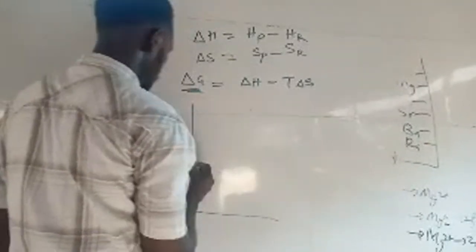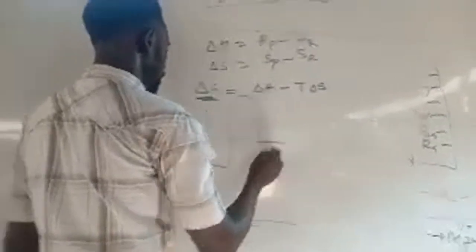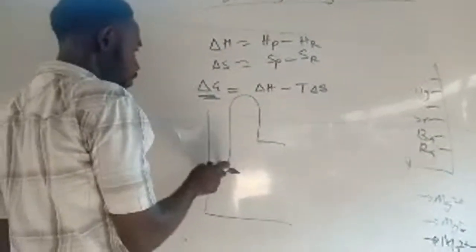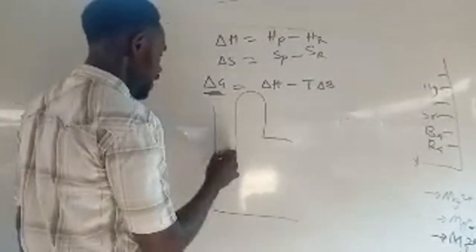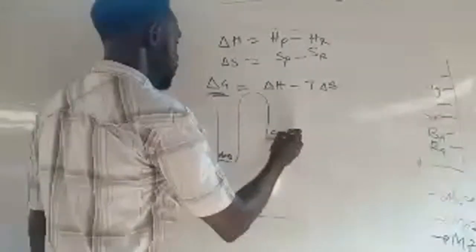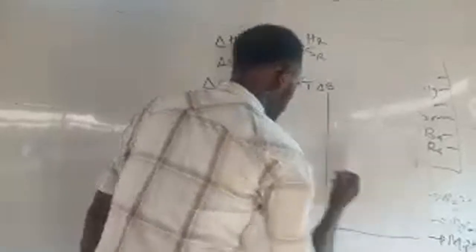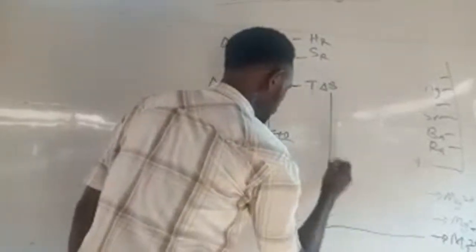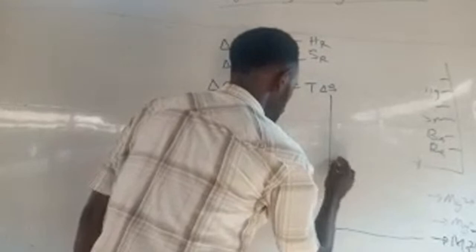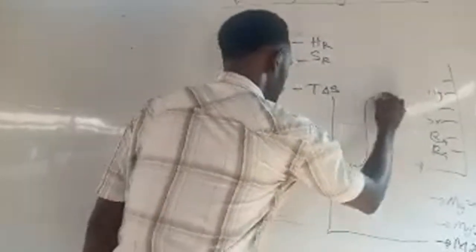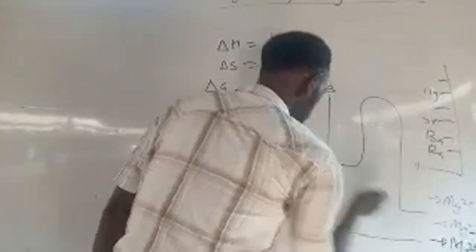If we have such a thing like this, where it does not come back to the origin and hangs up, that is purely endothermic, where here is A plus B and here is C plus D. But when it comes below where it started, let's assume it started here, the reactant, in the energy profile diagram, this one is positive, this one is negative, which is exothermic.